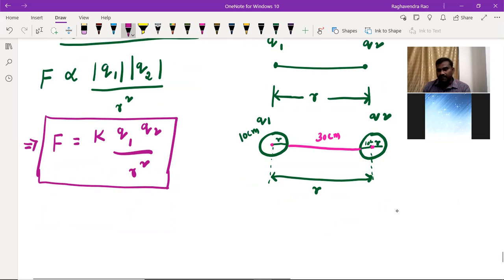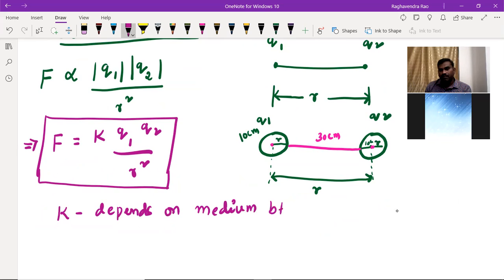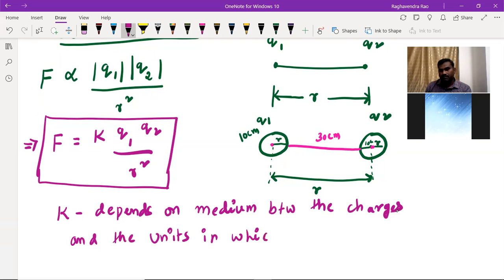Then what is k? The value of k depends on the medium between the charges and the units in which Q1, Q2, r and F are measured.